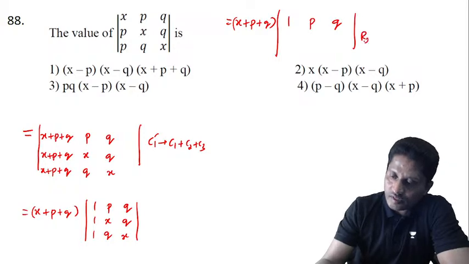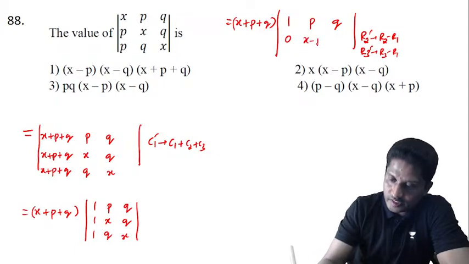You change r2 to r2 minus r1 and change r3 to r3 minus r1. This is equal to 0 x minus p 0, 0 q minus p, and then x minus q.